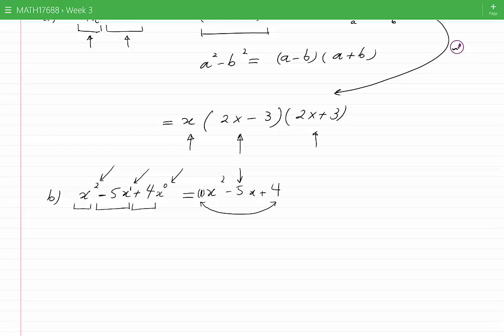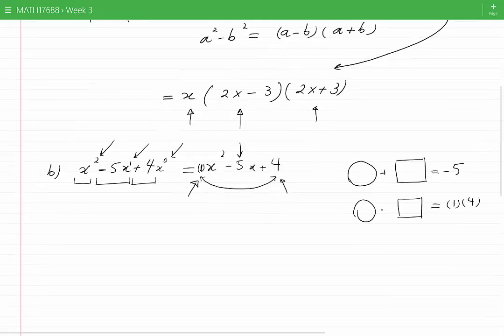I should look for two numbers, I'll show them by a circle and a square, that if I add them, I get minus 5, and if I multiply these numbers, I would get 1, which is the coefficient of x squared, times 4, which is the constant term.